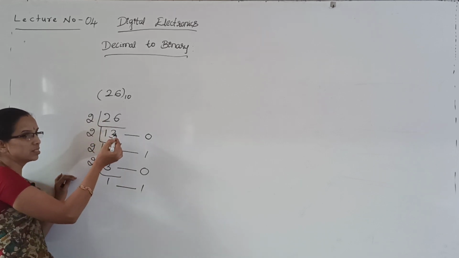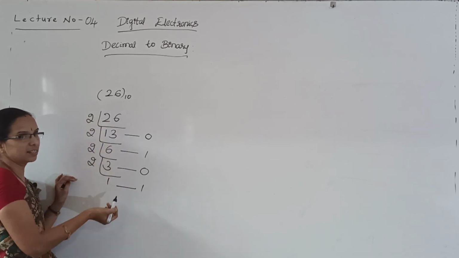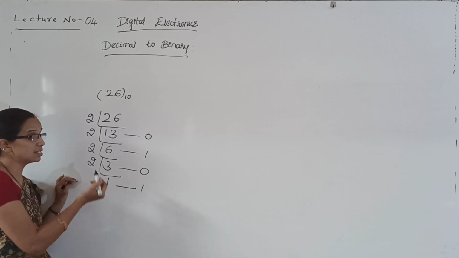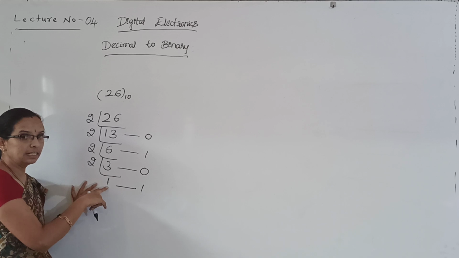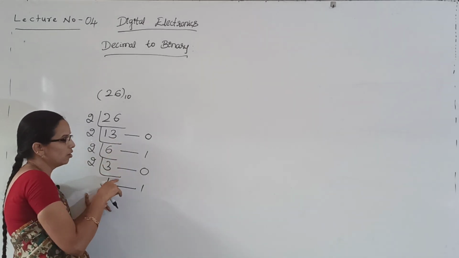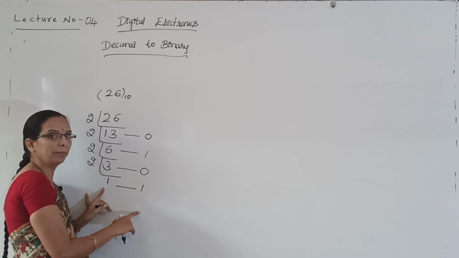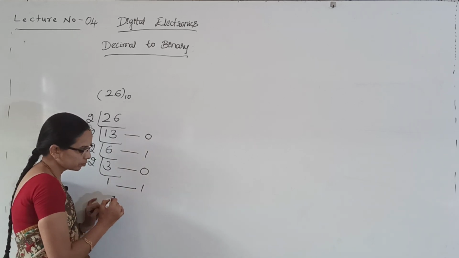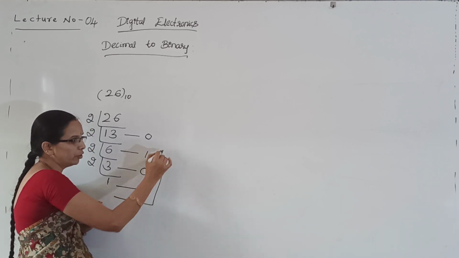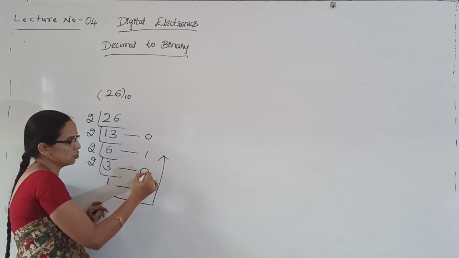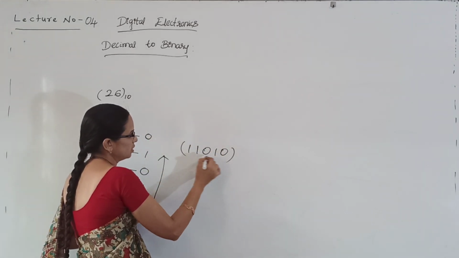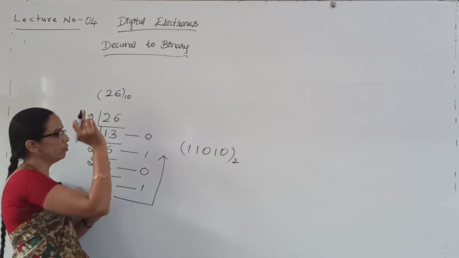We have divided 26 by 2 until the quotient becomes less than 2, so in this step we stop the division process. In each division we note down the remainder, and we take the remainders in the upward direction. 11010 is the binary equivalent of 26.